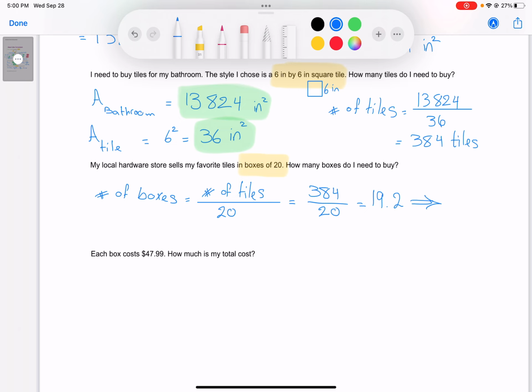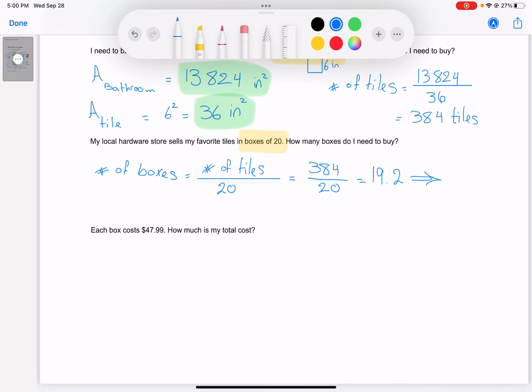Now, just like before, these are actual boxes and I cannot buy 0.2 of a box. Now, in these cases, we're always going to round up because I will have to buy 20 boxes if I want to tile my bathroom. So for objects that I'm purchasing, we're always going to round up to the nearest whole number.